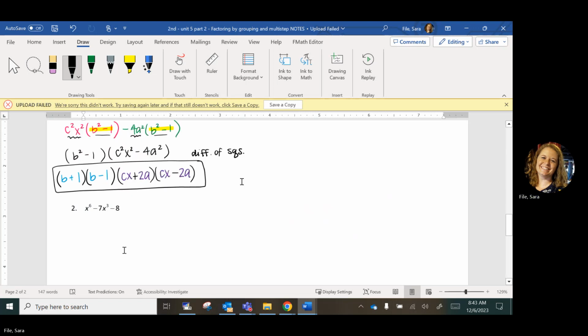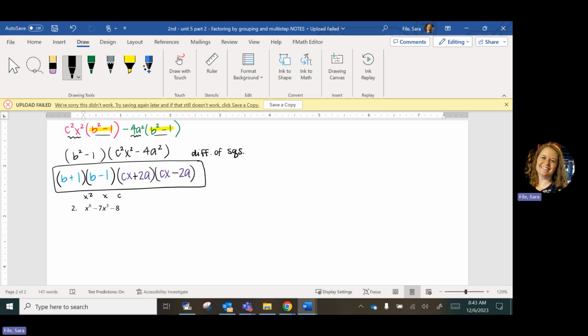The difference that you see here is y'all were used to seeing most of the examples that we did just had x squared and then x and then a constant, right? This one is x to the 6th, x cubed, and then a constant.